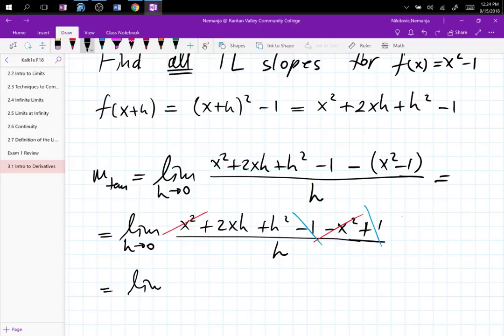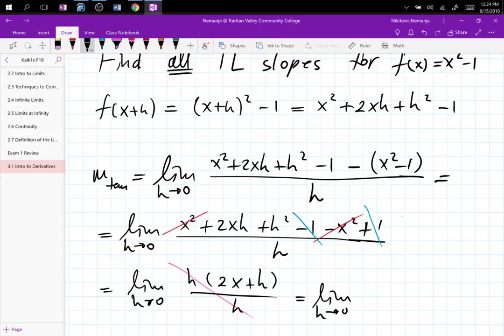So limit as h goes to 0, factor out h, 2x plus h is left, divided by h, and now h cancels. You are left with the limit as h goes to 0 of 2x plus h.